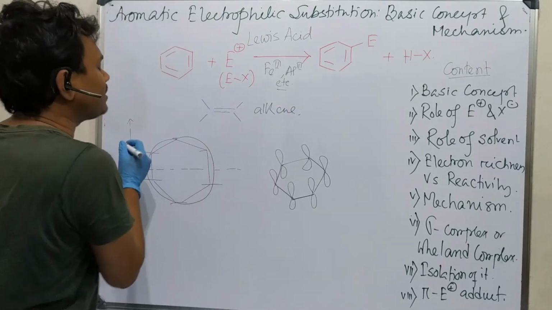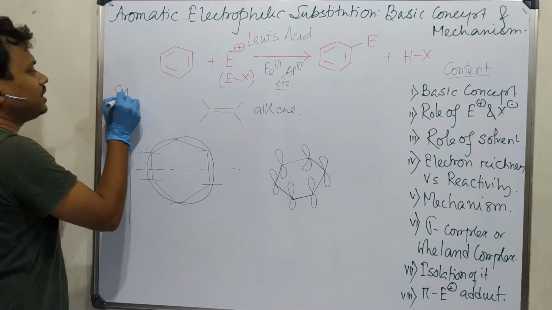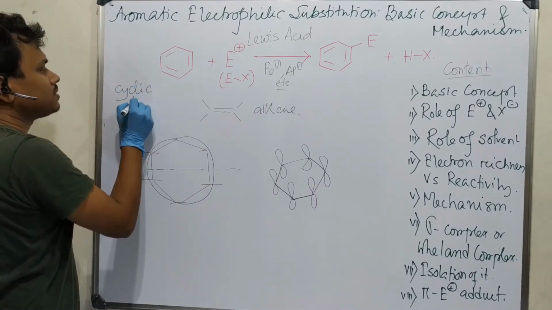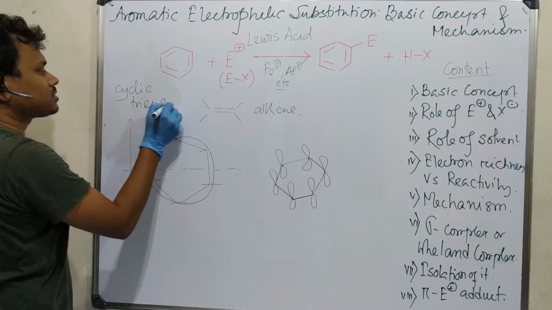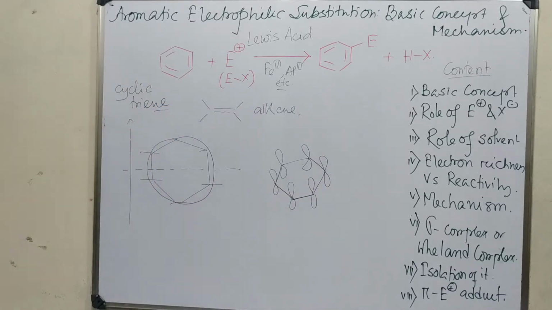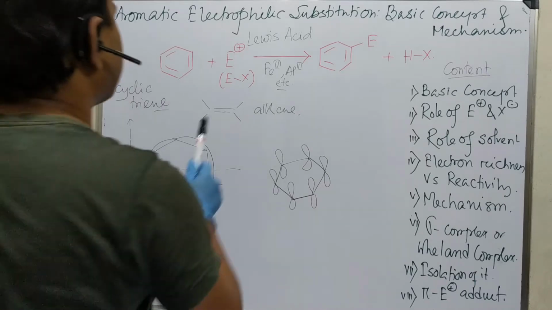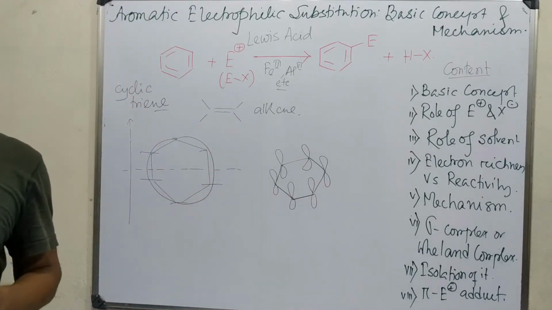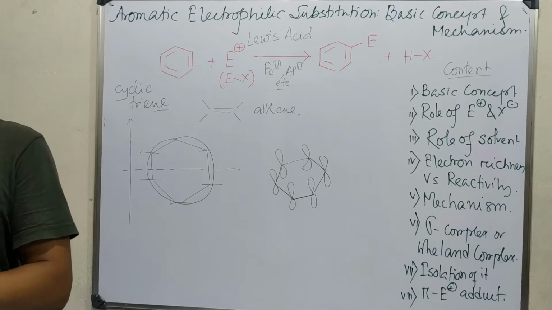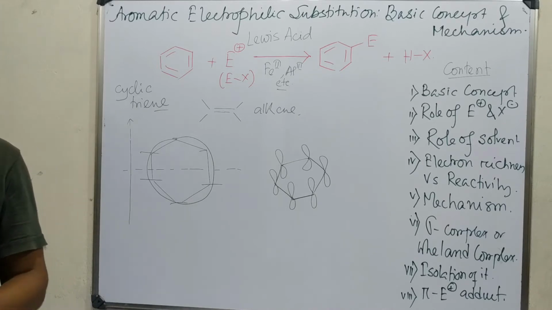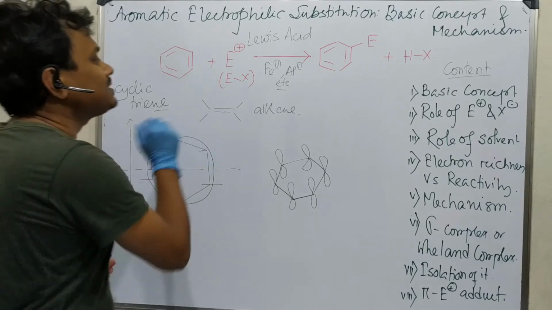And benzene, you can see, is a cyclic triene. Is it visible? Yes, cyclic triene we can say. So benzene is a cyclic conjugated triene molecule. What is its difference?